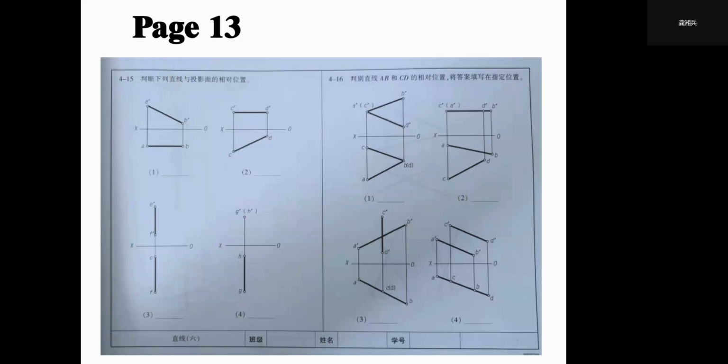So this line is what kind of line? Okay, I will show you. If you want to complete the third one, that's okay, it doesn't matter. Here, you get 45 degrees.